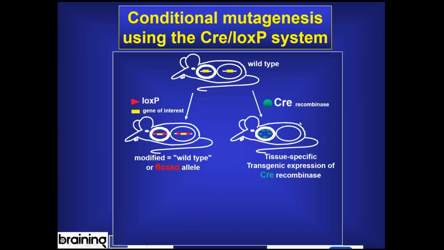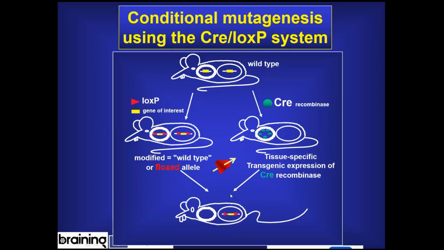On the other hand, we can have a knock-in or a classical transgenic mouse that has, in the tissue of interest, the expression of Cre recombinase. When we mate these two mice, we'll have a mouse that in cells where there is no Cre expression will maintain the normal expression of the X gene. Instead, where there is Cre, it will be a tissue-specific mutant.